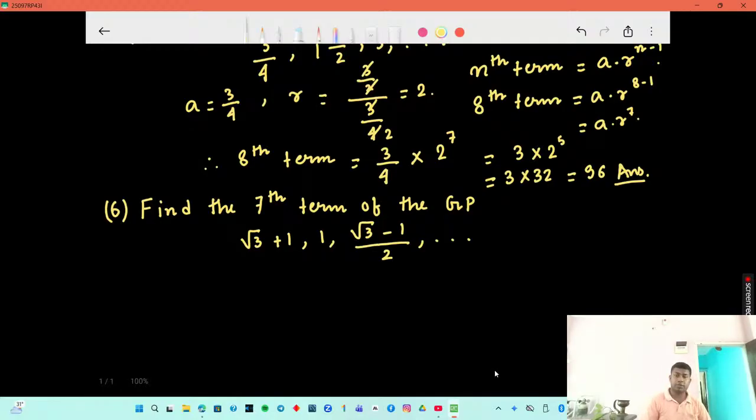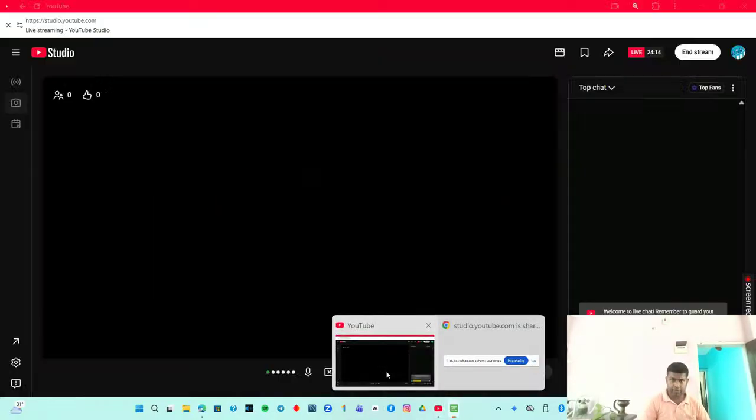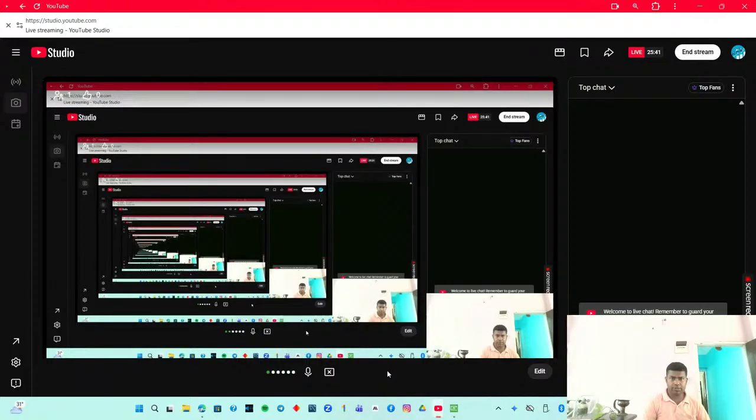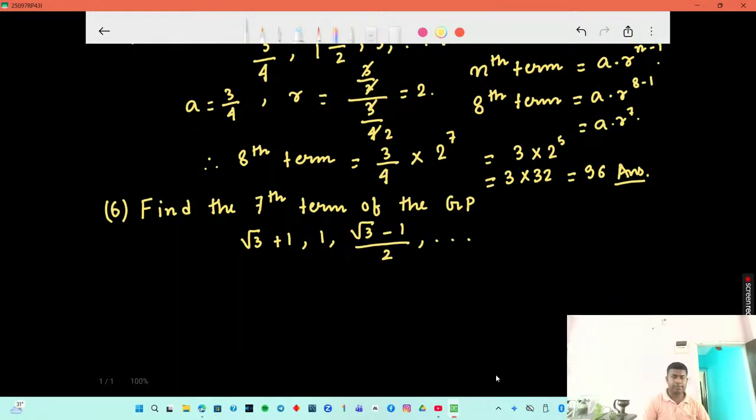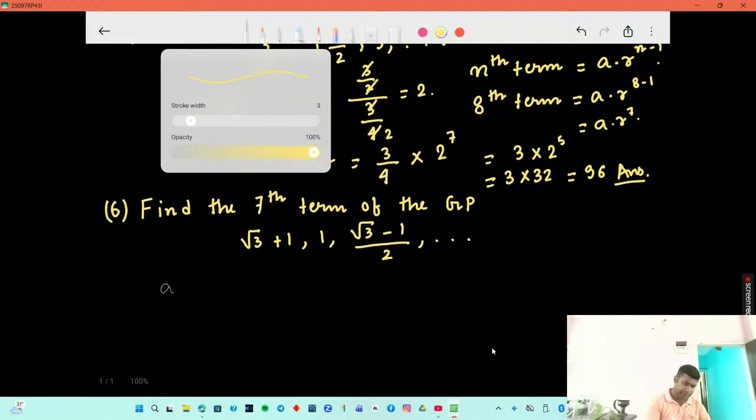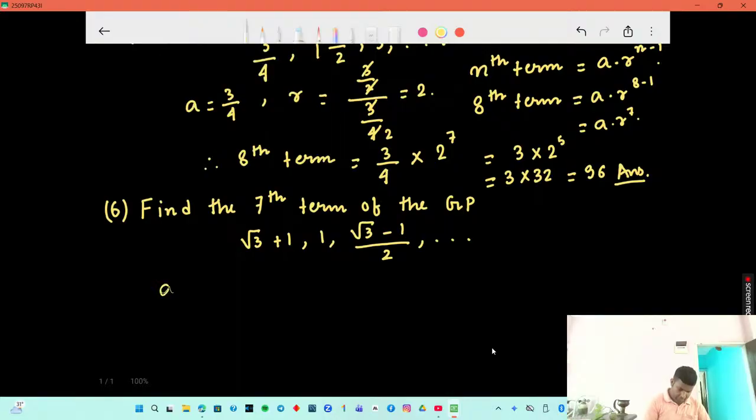In order to find the seventh term of the GP, first we have to find the value of A. And what is the value of A here? It is the first term of this GP. So A is equal to root over 3 plus 1.